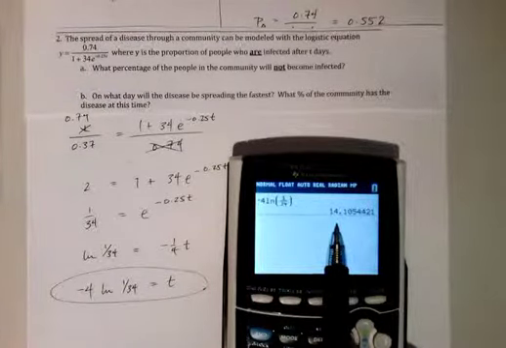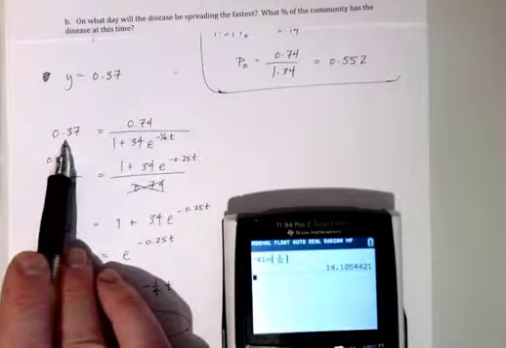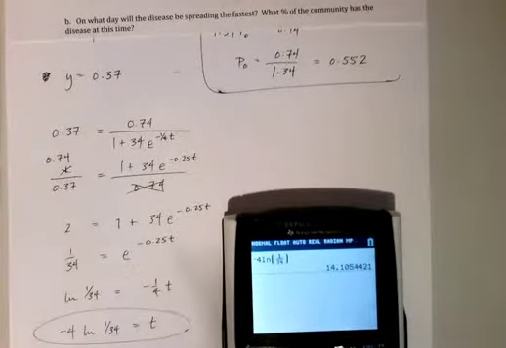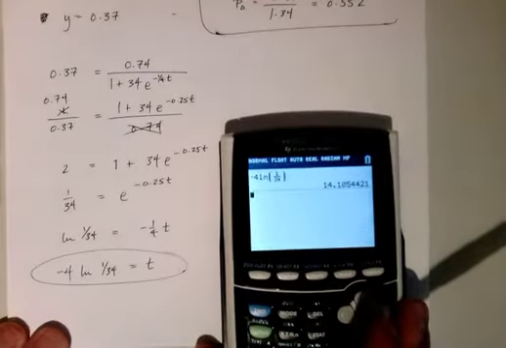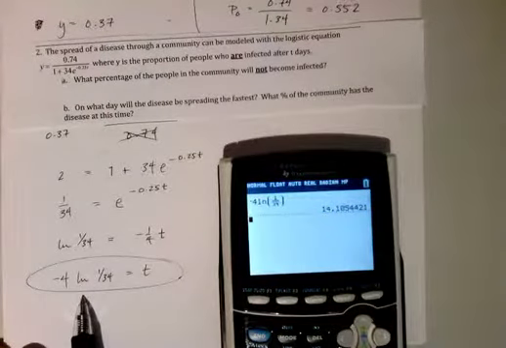Because like I said, the point of inflection, where the derivative is always maximized, is always halfway up to the carrying capacity. And all I did was take half of the carrying capacity and set it as the output and solve for t. And therefore it just wound up being rather straightforward. After I did a little bit of algebra, I wound up here.